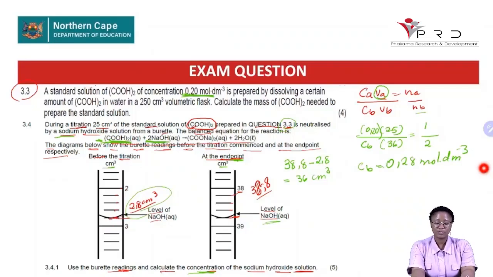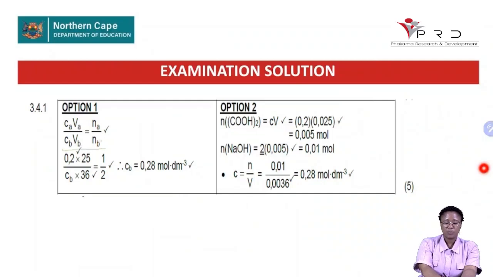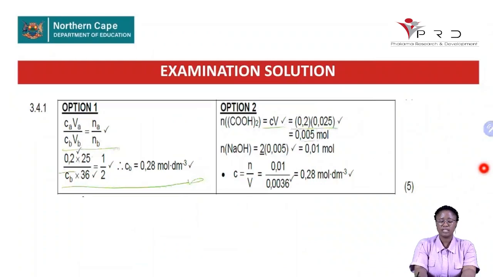I hope you guys got it correct, and most of you got it correct. So there it is. That is the other way. This is the way that I've done it. I did this with you, okay? And then the other way you could have done it is to calculate the number of moles of the oxalic acid, but you do not forget to convert that 25 centimeter cubed into a decimeter cubed by dividing it by 1,000.